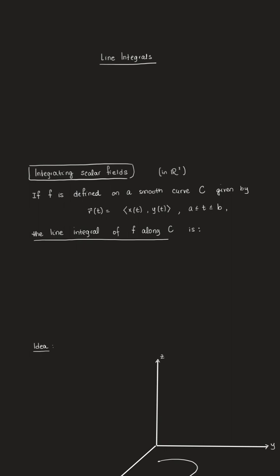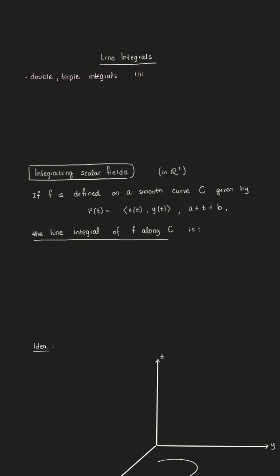Just a couple of ideas that I wanted to throw out before we get started. First, when we have studied double and triple integrals, we were integrating over a region in R2 for double integrals or a region in space for triple integrals.